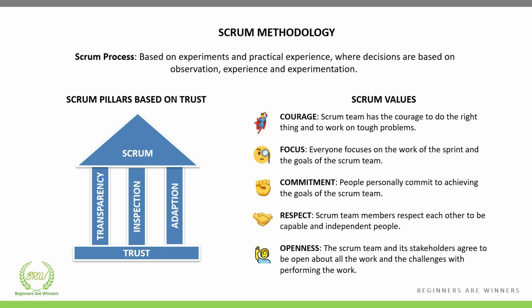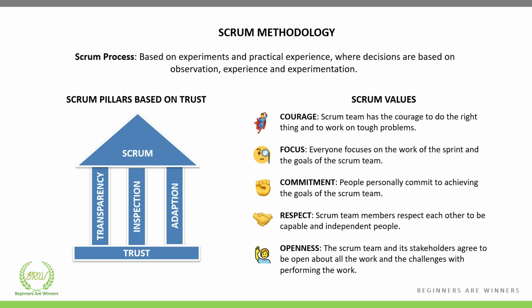So, in a nutshell, we have three pillars of Scrum, wherein the project team must have transparency, the team must have inspection to know how they could have done better, or for any improvement areas, and the team must adapt for continuous improvement.